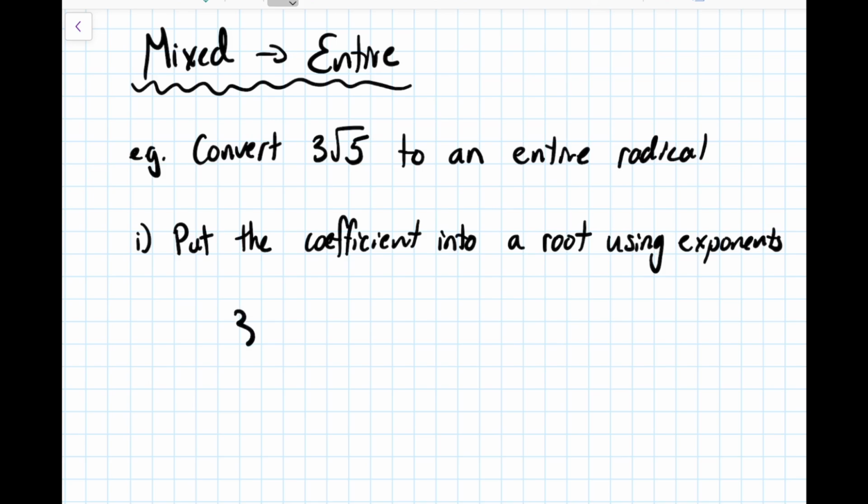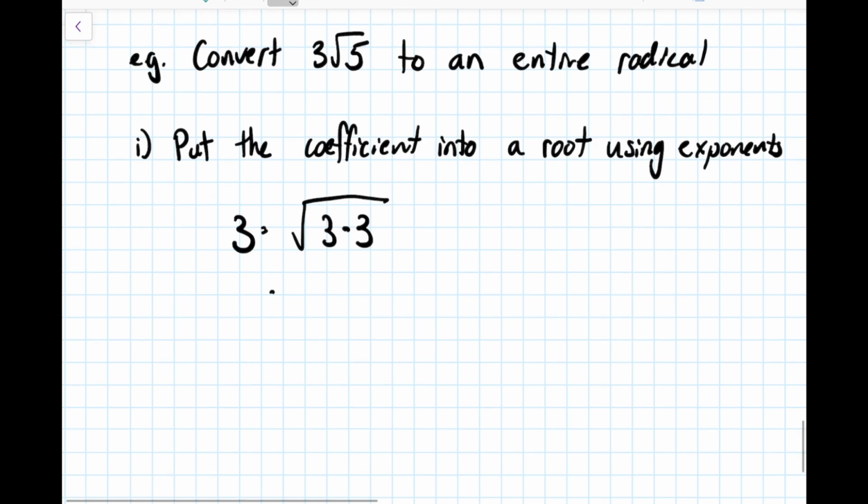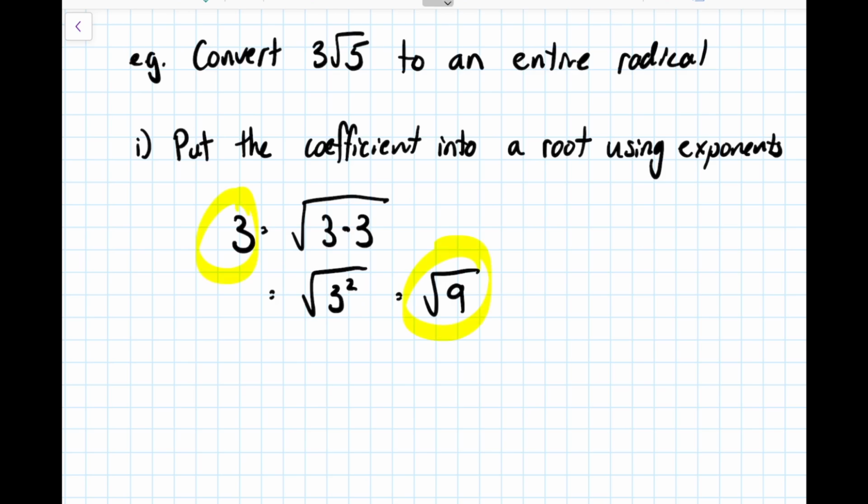So our 3, if we put that back into a root, well, that becomes 2 3s, right? So we want a pair of 3s, which is going to condense into 1 3 on the outside. Which is, if we think about it, 3 squared, or we can also say 3 is really just the square root of 9. And that is something we do know, right? 3 is the square root of 9. Makes sense.